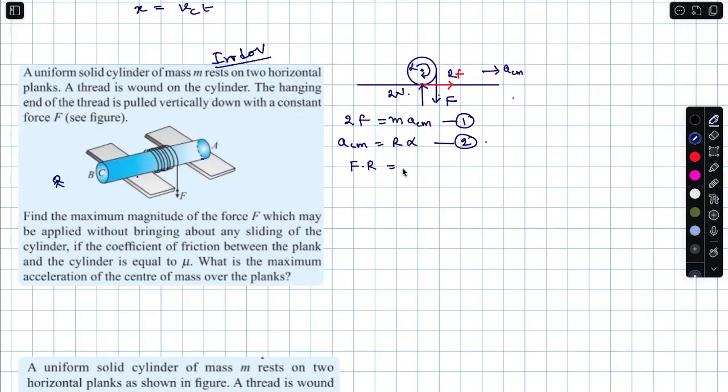F into R is equal to MR square by 2 alpha, which implies F is equal to MACM by 2, equation 3. Any doubts in these three equations?